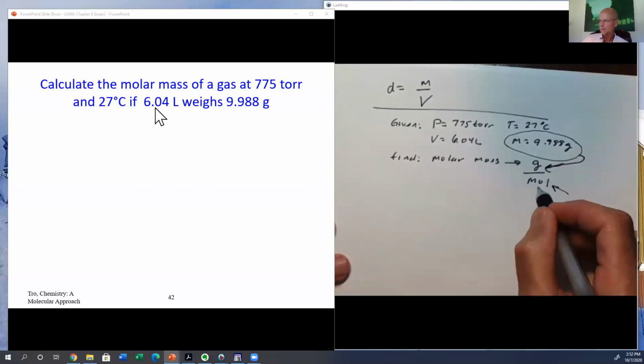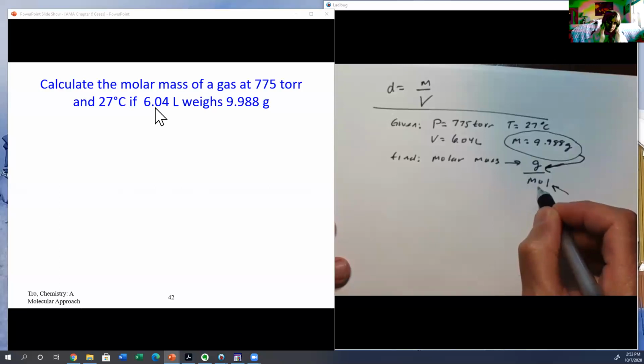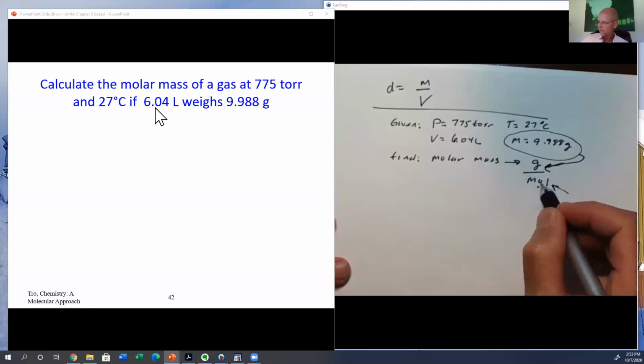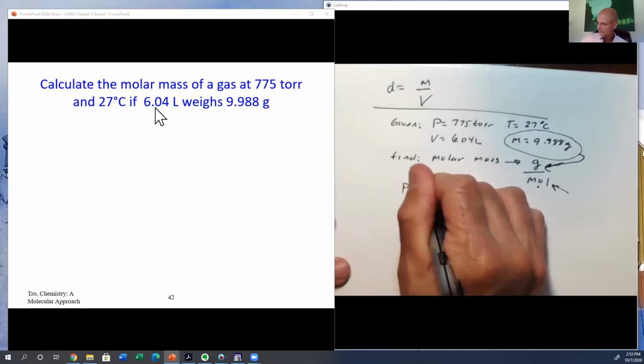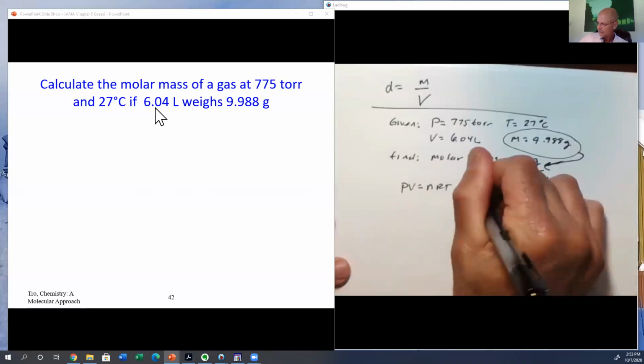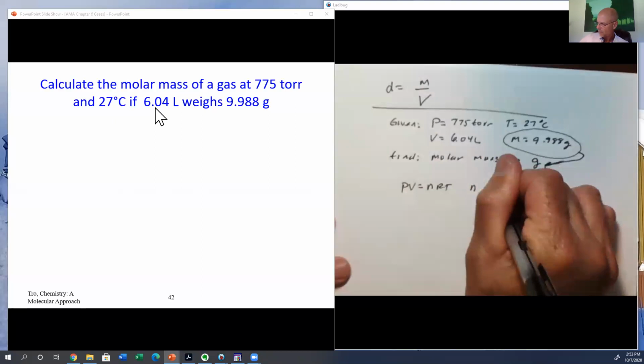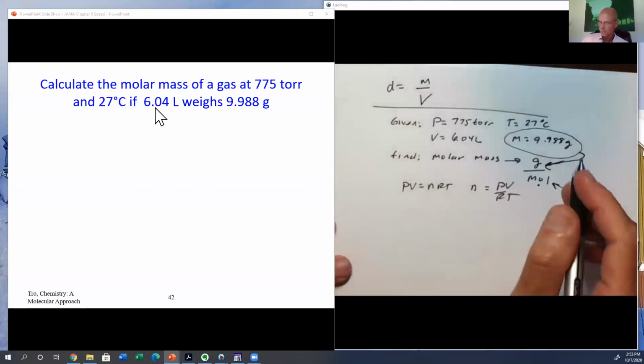How are we going to get the moles? We've got to calculate it with the ideal gas equation, PV equals nRT. So n is equal to PV over RT. It's just a matter of getting these things in the right units.